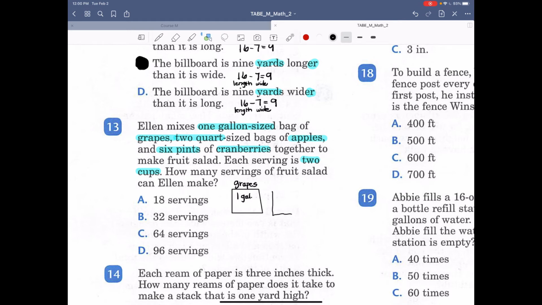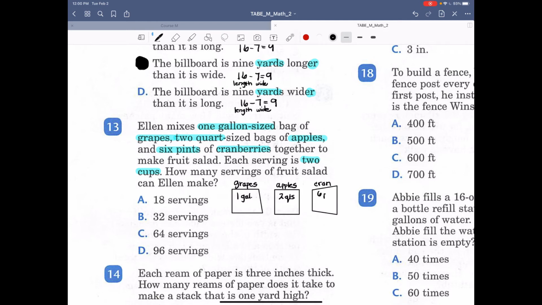Then she's got some quarts. That would be smaller than the grapes, but that's okay. These are apples. And that's 2 quarts. And then she has some cranberries. Again, the size of the bags, don't pay any attention to that. Or the shape. It's horrible.